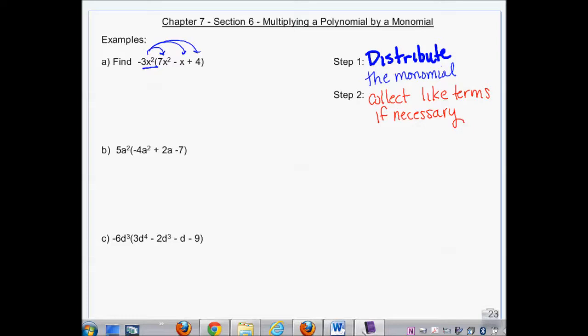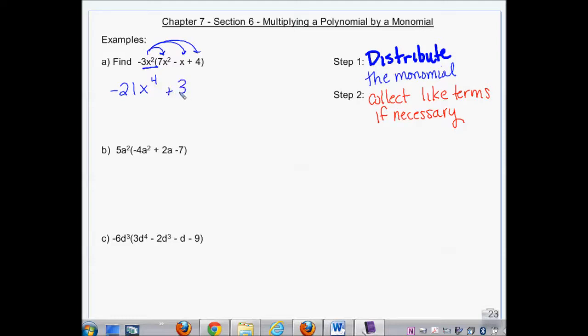So when I multiply -3 times a +7, I get -21. And then x squared times x squared is x to the 4th. And then -3 times -1 is +3. Do you multiply the exponents by each other?